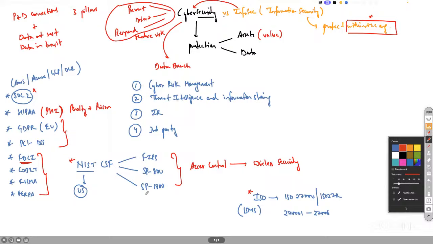So maybe look at the NIST special publication for access control and look at the ISO document for access control, and see what the differences between them are. Maybe NIST recommends doing access control a little differently than ISO, or there might be overlap.